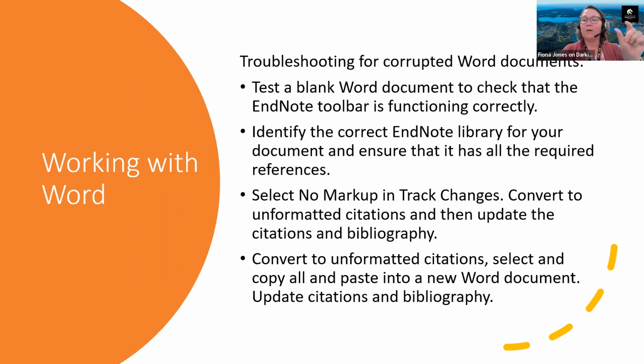It will say, oh, I can't find this one, and you'll know which ones are missing and need to be added. If worse comes to worst and it's completely a disaster, I will sometimes convert to unformatted citations, select all the text, copy it into a brand new Word document, and then update citations on that brand new Word document.